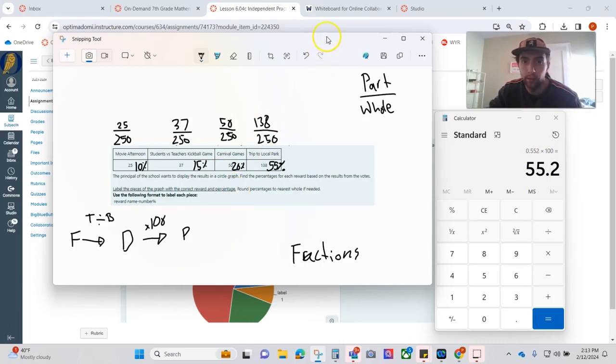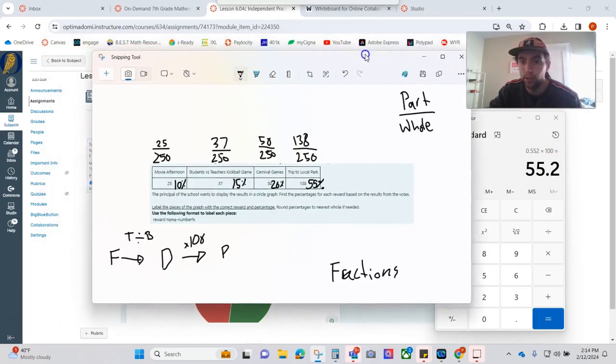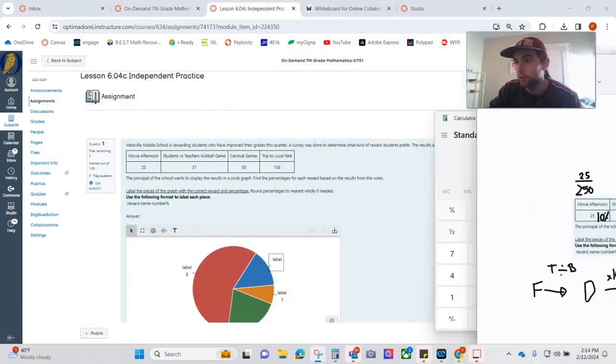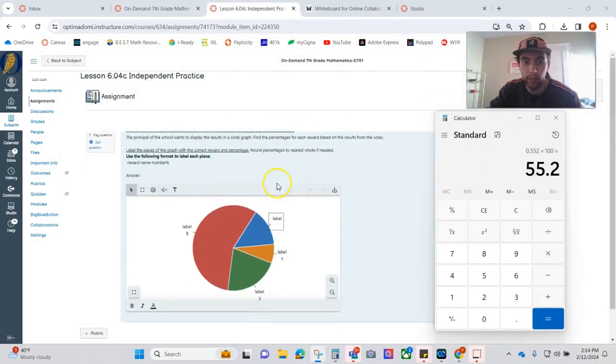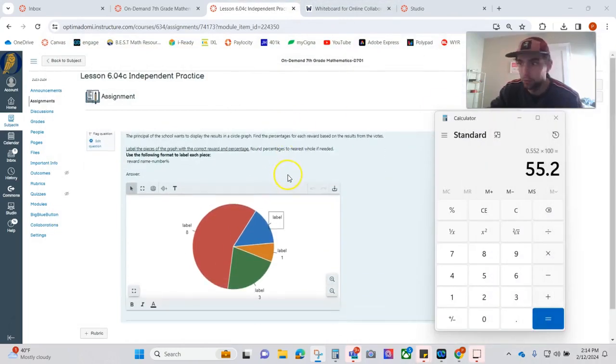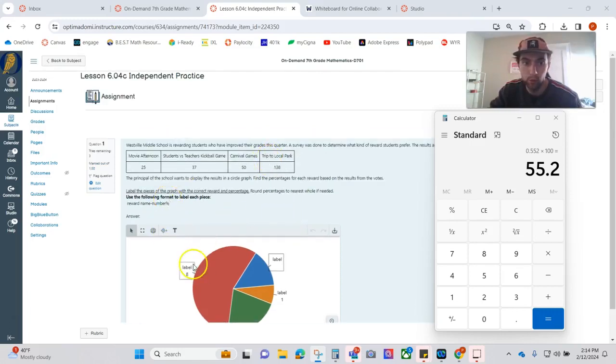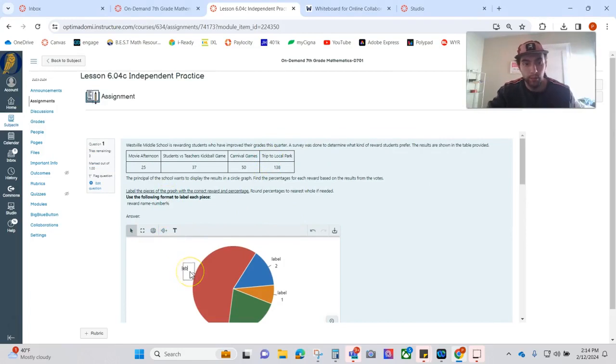Okay, now we have our percents. I'm going to move this off screen, and now we're going to start typing in these labels. Our biggest percent is trip to local park. So here I'm going to type in trip to local park hyphen 55%.